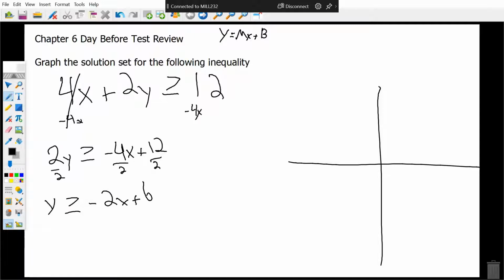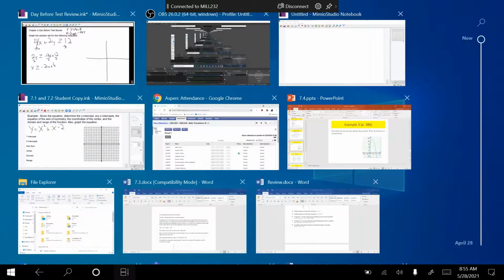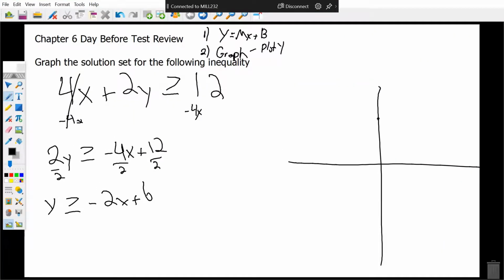Step 1 is to get into y equals mx plus b form. Step 2 is to graph it. You graph it by first plotting the y-intercept. The y-intercept is at 6. Then the slope.